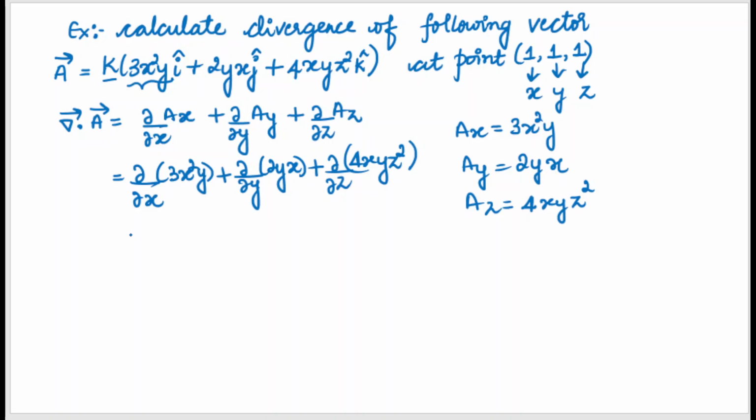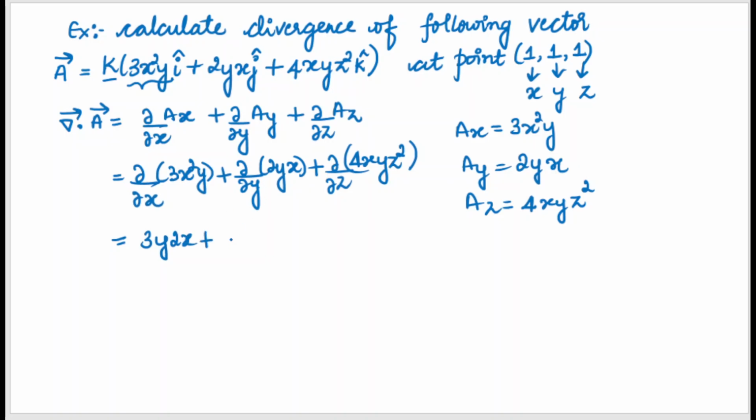Now if I do the partial differentiation with respect to x, only x is a variable and the remaining terms are constant. Here y is also constant. If it was z, z would also be constant. Now 3 into differentiation of x square y, x square gives 2 times x.